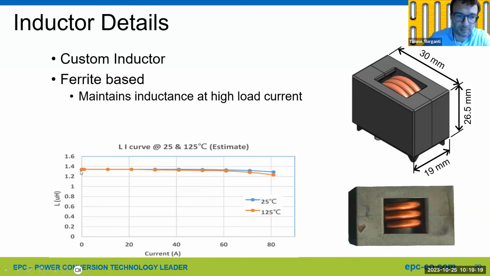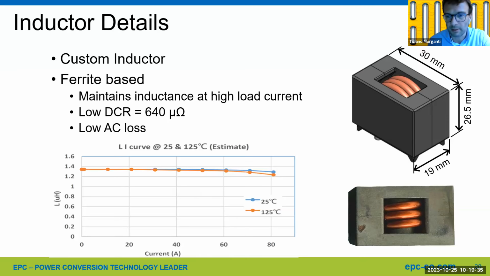It's 1.3 microhenry, and it's holding its inductance up to a higher level of current, so with a minimal drop at 80 amps. It's a low DC resistance, 0.64 milliohm, and it has very low AC loss.